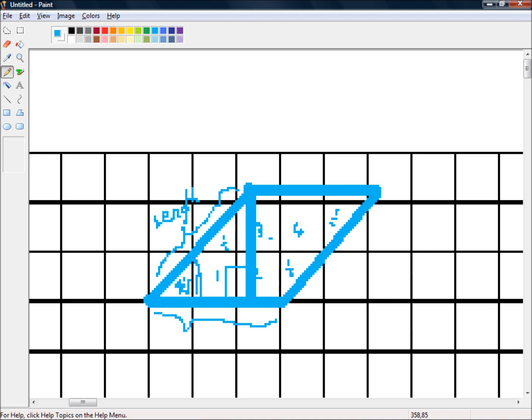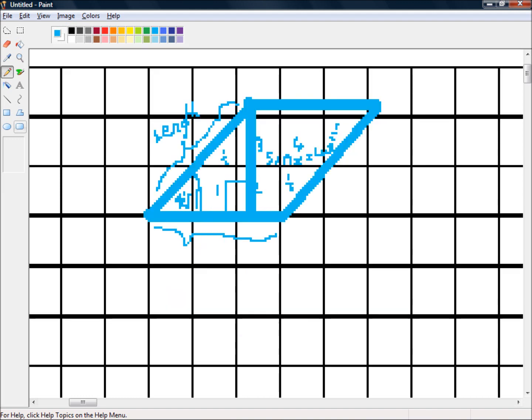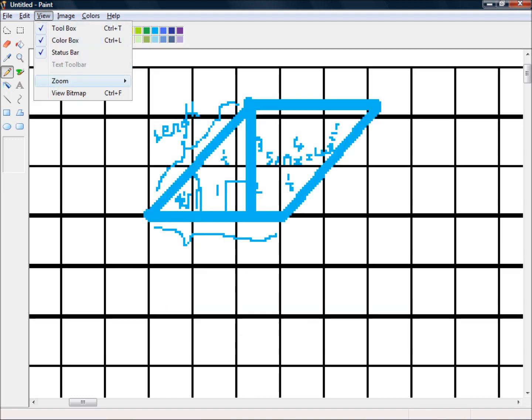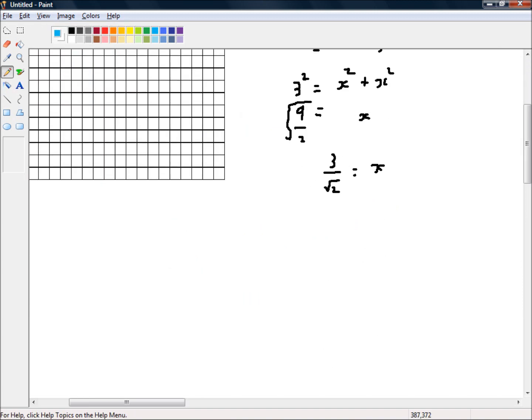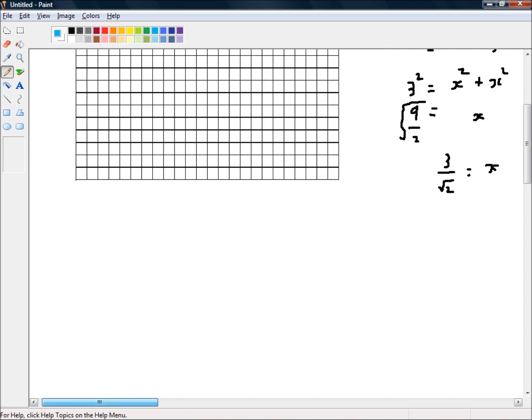So this is just the sine of the angle. I'm going to call it x times the length. Let's write this out neater so that we can actually see what we're doing. I'm going to choose this area here.